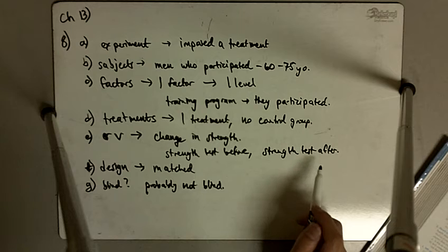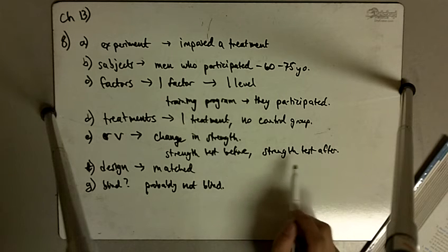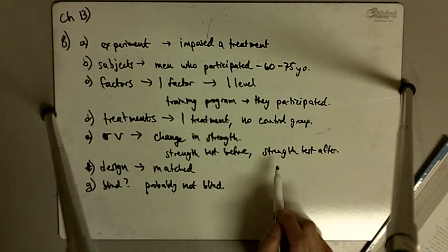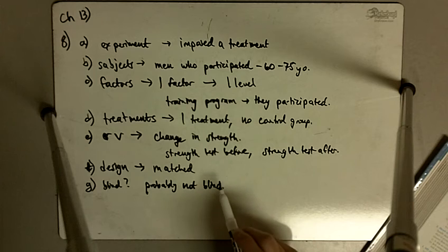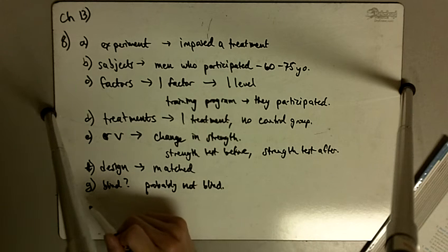They might just be asked to measure this guy's leg strength. And in that case, there would be blinding in the person making the evaluations. But the participants cannot be blinded.